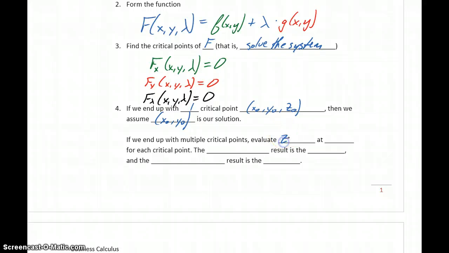If we end up with multiple critical values, then we're going to evaluate our original objective function at each of those points that we found, and we'll say that the largest function value is our maximum, and the smallest is our minimum.